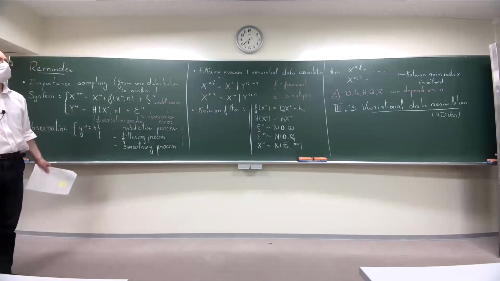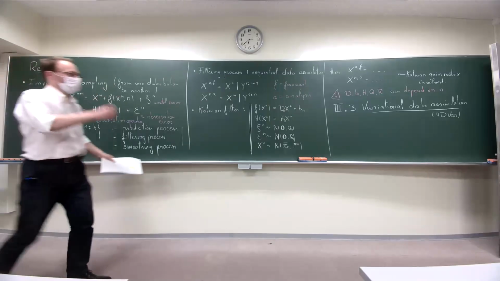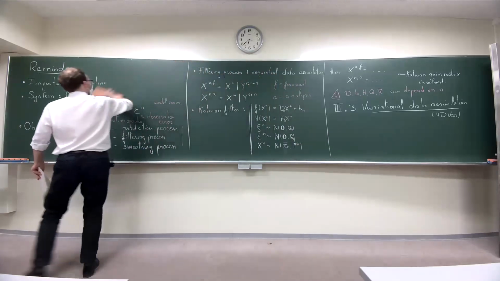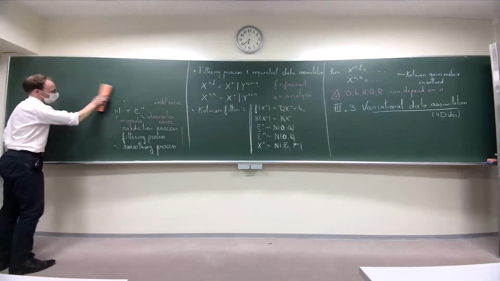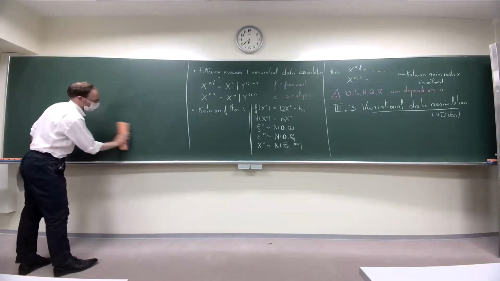So I want to spend more time on particle filters. But nevertheless, I want to speak about this one because it's a generalization of something we have done in the second lecture. So it's good to look at it again.